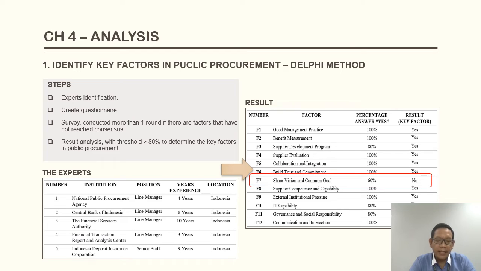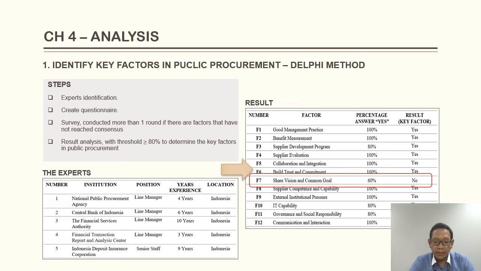The next method is Delphi, to identify the relevance of these key factors in public procurement. This method begins with determining the experts and compiling a questionnaire. Furthermore, a survey was conducted and the results were analyzed with a consensus limit of more than or equal to 80%. From the 12 factors in the previous stage, there was one factor that did not get a consensus, namely shared vision and common goal.